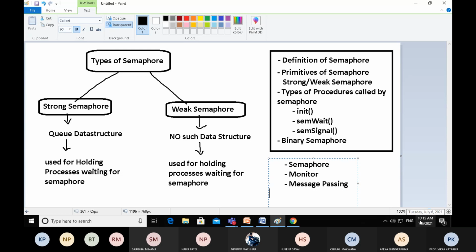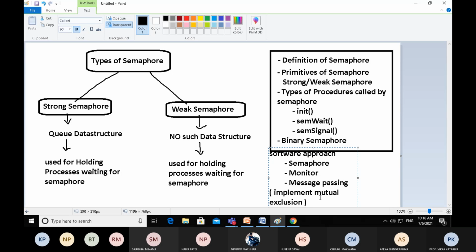And all these software approaches are used to implement mutual exclusion, right?